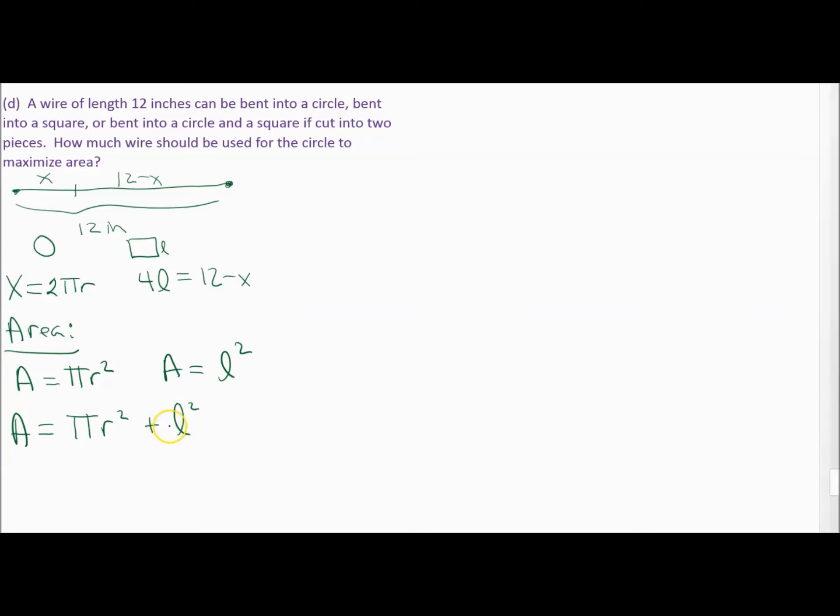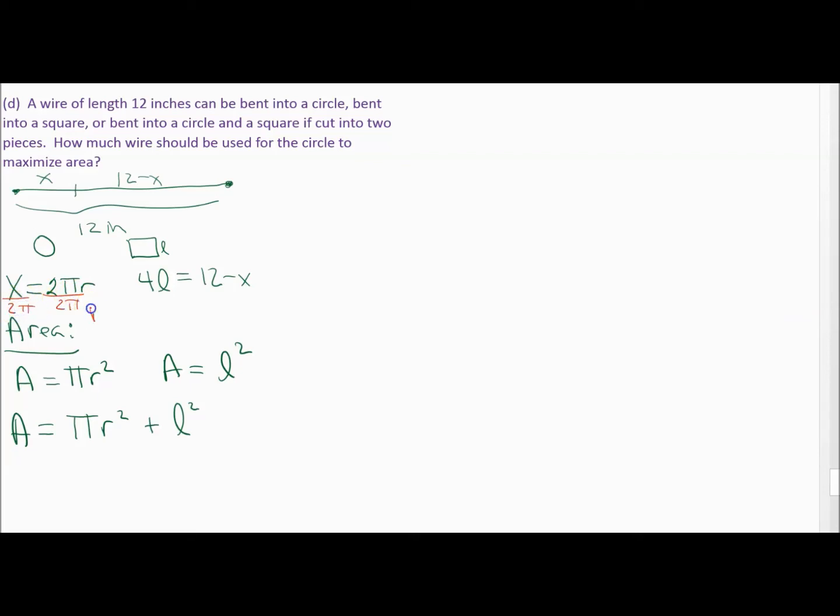Well, L is not written in terms of R, and R is not written in terms of L, but you know what? R can be written in terms of X over here. So what I'm going to do right up here, and you're going to do it neater somewhere else, I'm sure, is solve this thing for R. So I'm going to divide both of these by 2 pi.